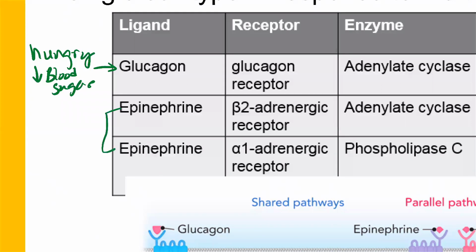Now, epinephrine, like we said before, is that fight or flight, right? Either you fight the bear or you run from the bear, right? And so this hormone is released from the adrenal gland, but only in times of really, really acute stress. And so it'll increase your heart rate, it increases your metabolism, you need more energy, right?